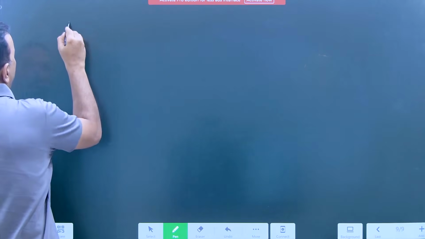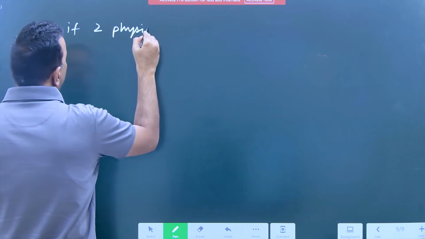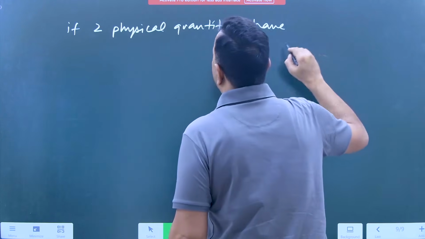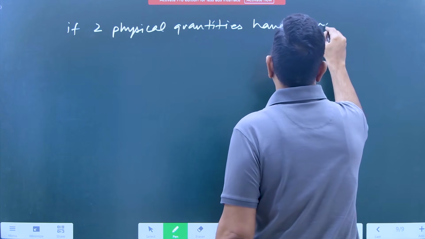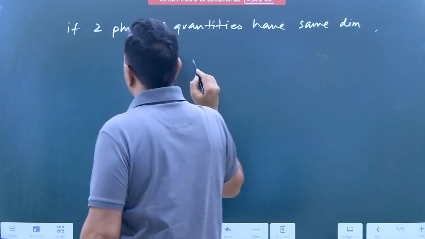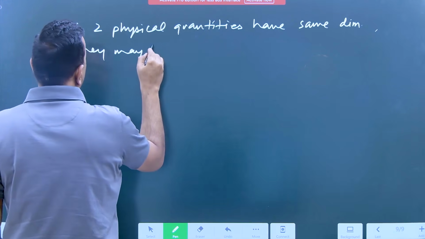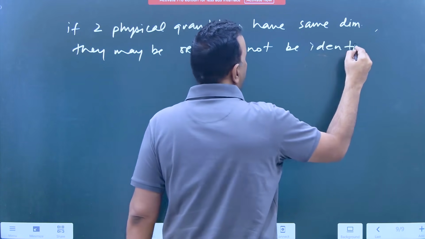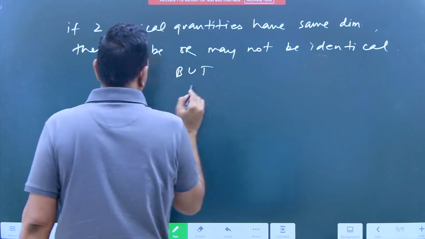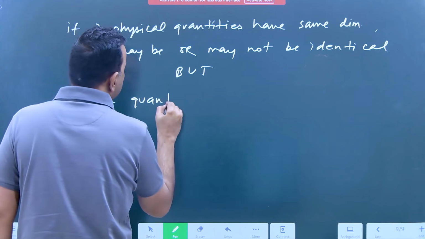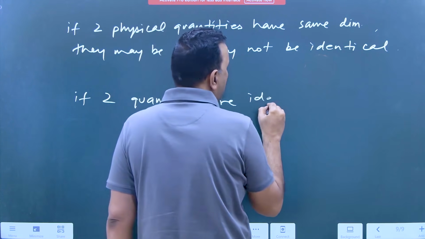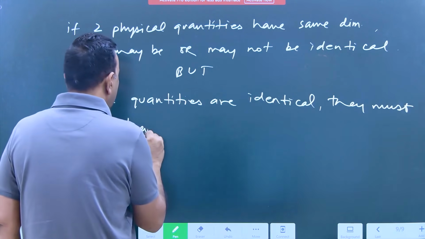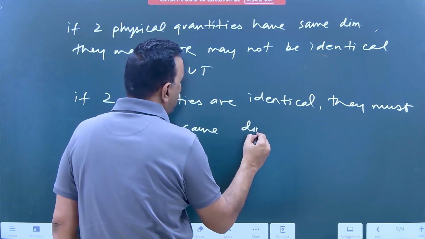I am saying, if two physical quantities have same dimensions, they may or may not be identical, but if two quantities are identical, they must have same dimensions.